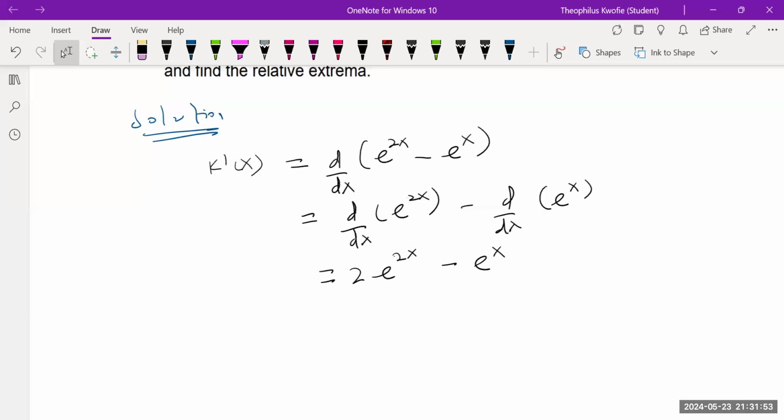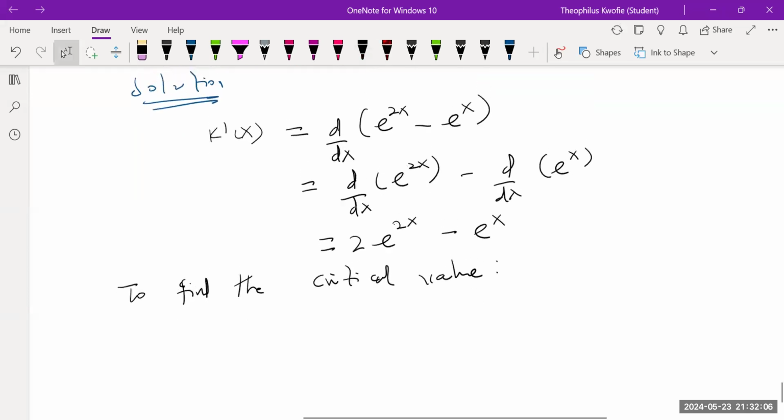Then afterwards, to find the critical value, we set the derivative to 0, okay? So to find a critical value, we set this derivative to 0. So that's what we did the last time.